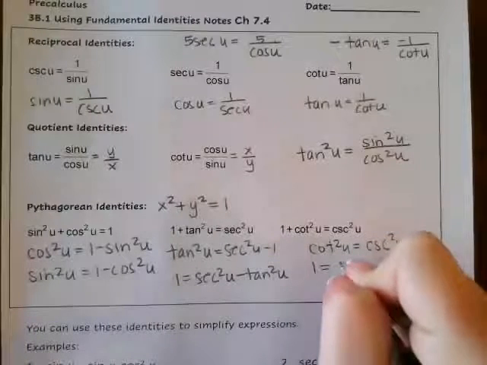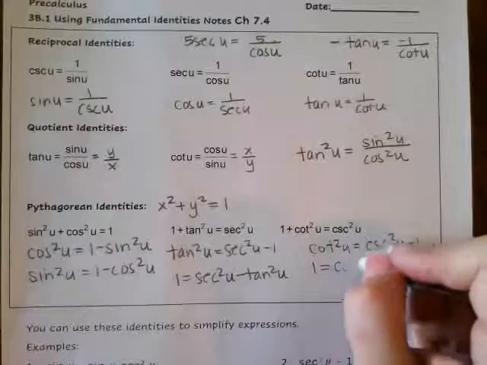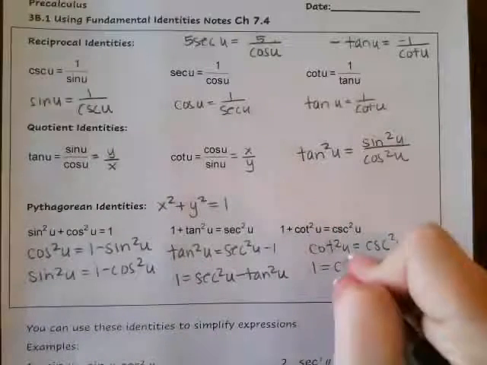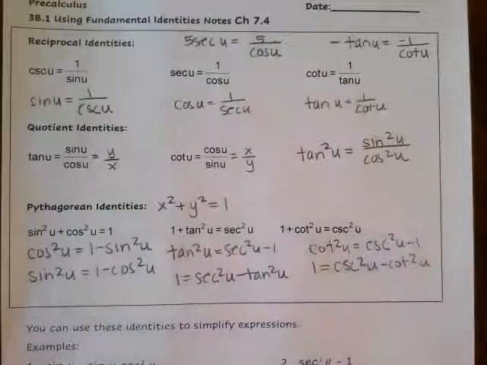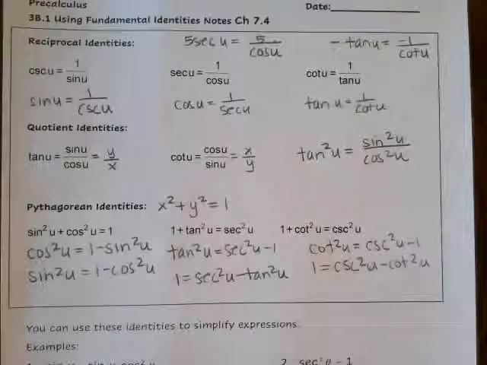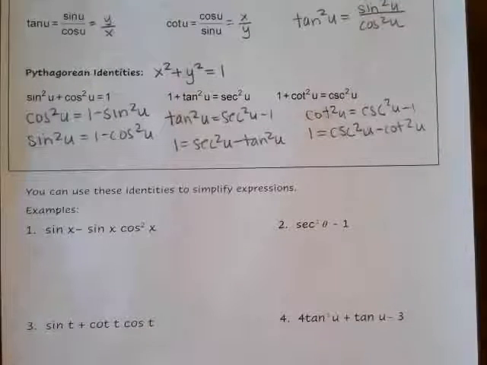So 1 is equal to cosecant squared of u minus cotangent squared of u. So those are some of the options. Obviously, you can manipulate it other ways. So you want to make sure that you know what these first identities are so that you can recognize those that are manipulated.